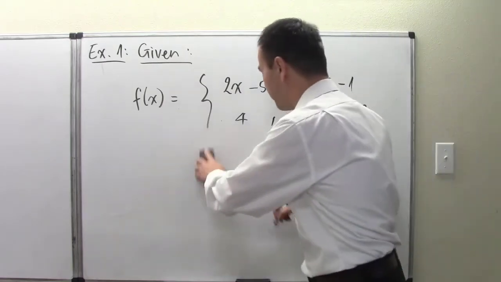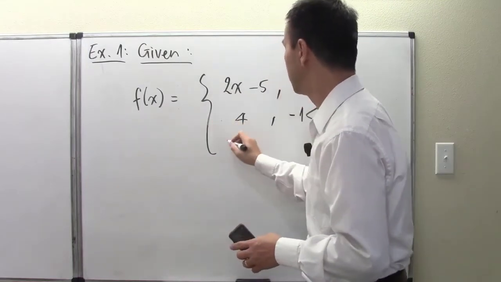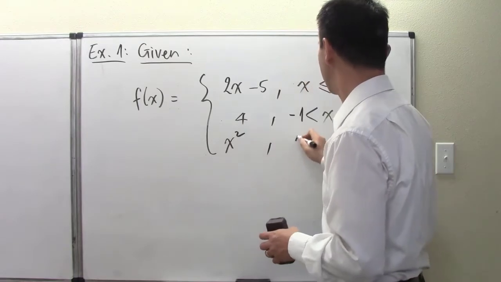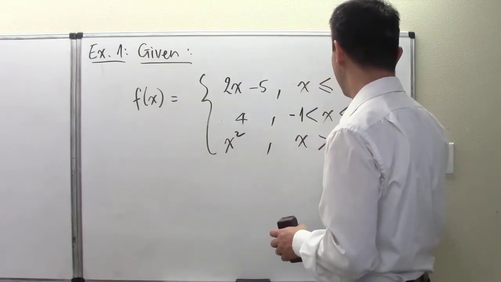And then this is going to be x squared for x greater than 3.